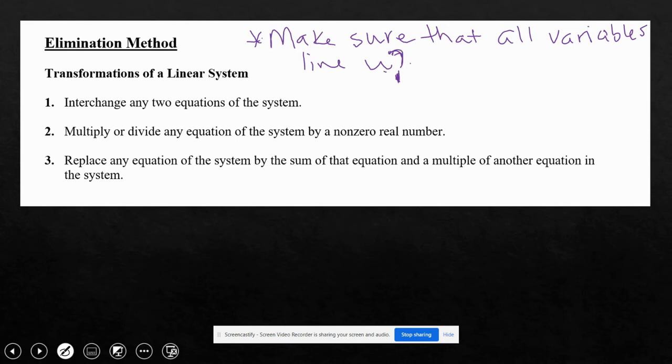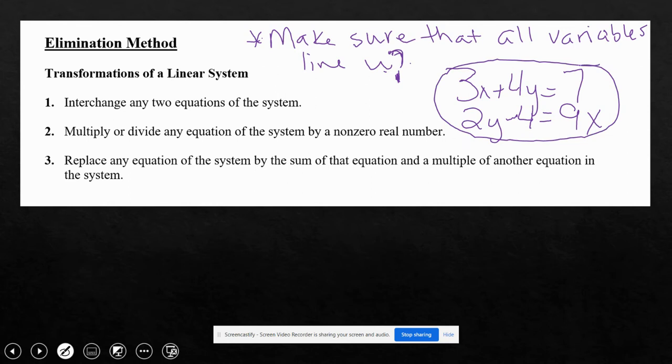So what I mean by that is if we had 3x plus 4y equals 7 and 2y minus 4 is equal to 9x, these aren't lining up. My x's need to line up with x's, the y's need to line up with y's, and then the numbers without variables need to line up together.